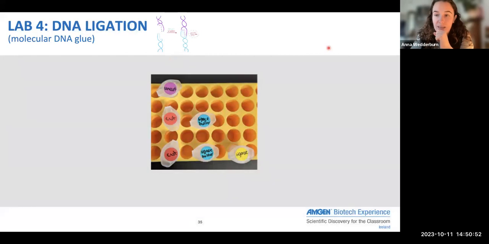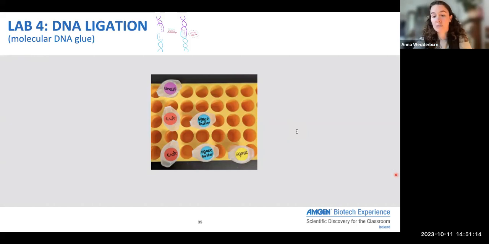Again, this is done in groups of 3 between your students. So they each get given 1 tube of uncut, 2 tubes of cut DNA, 2 tubes of ligase buffer, and 1 tube of ligase.